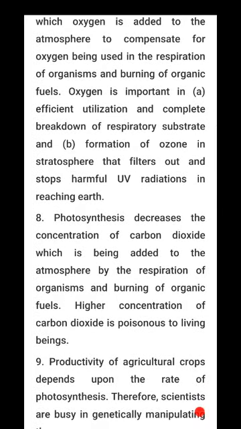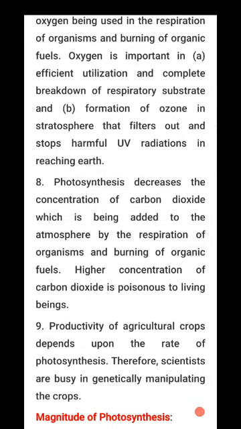So it decreases the concentration of carbon dioxide, and the percentage of carbon dioxide in the earth's atmosphere is maintained. A higher concentration of carbon dioxide is poisonous to living beings and affects life on earth in many ways.